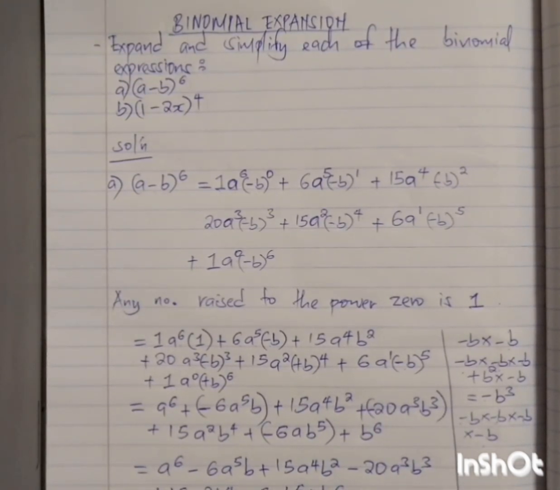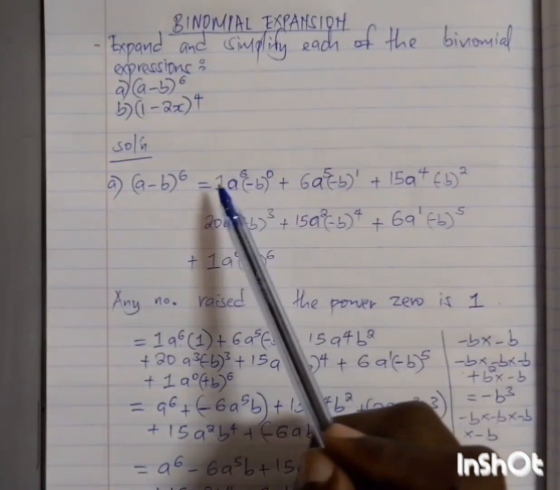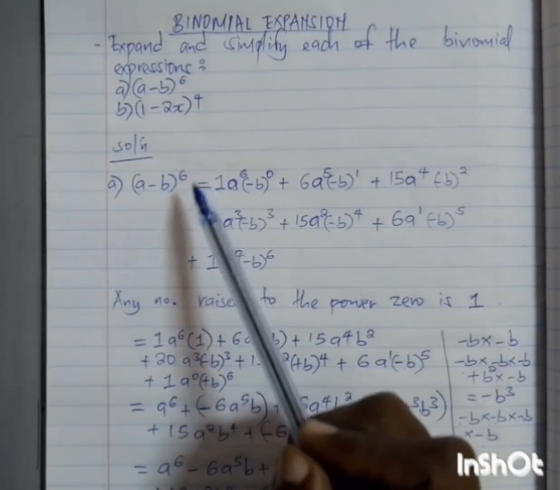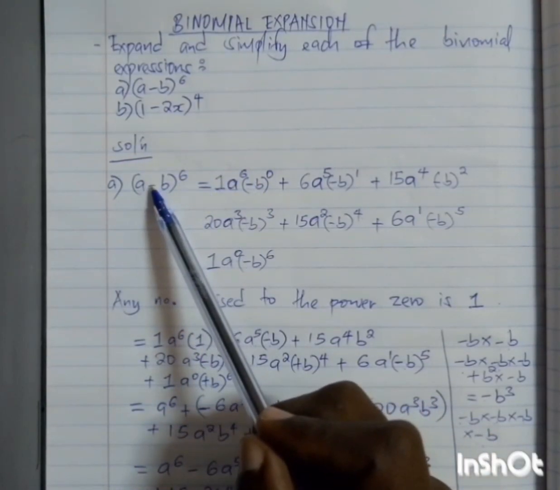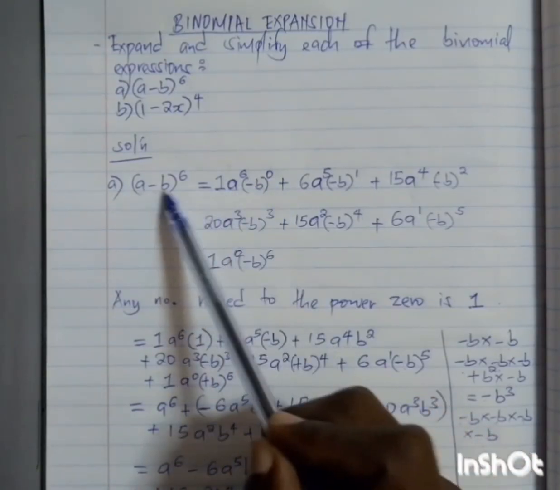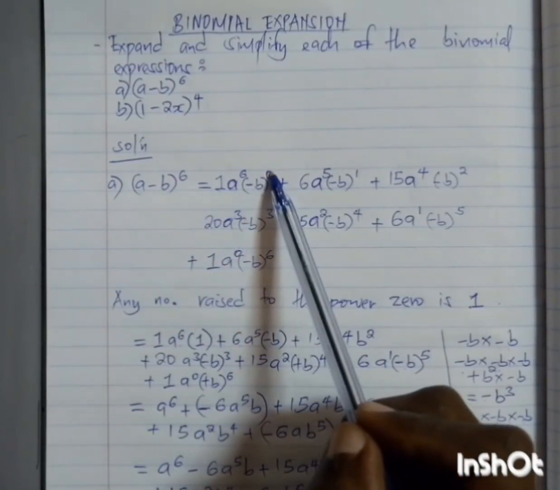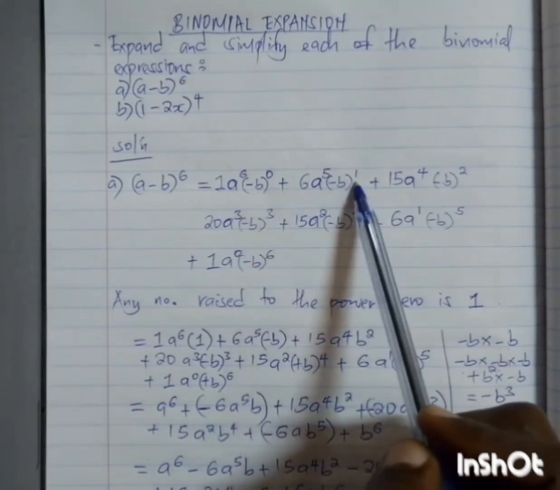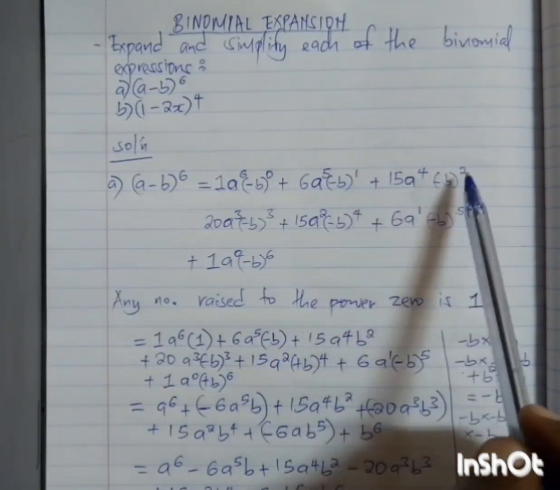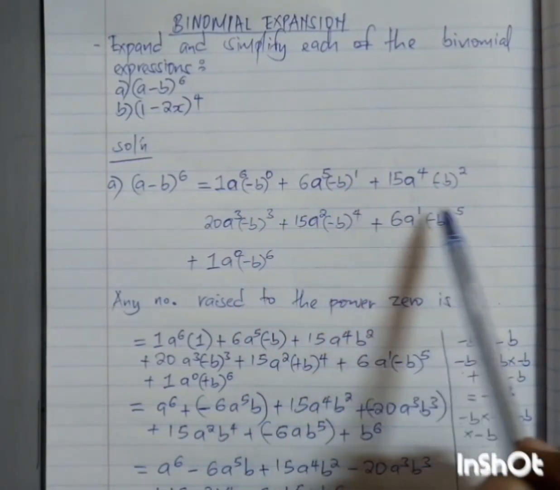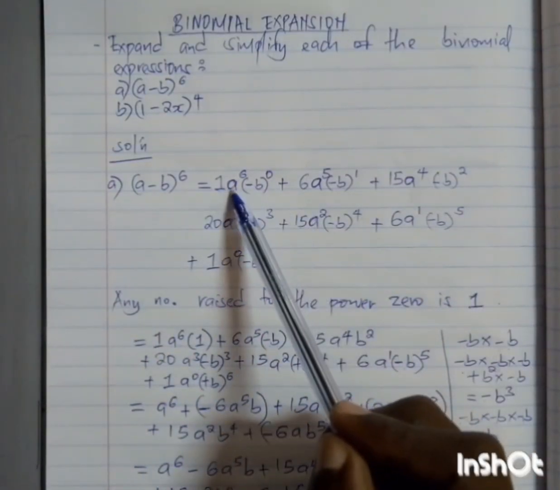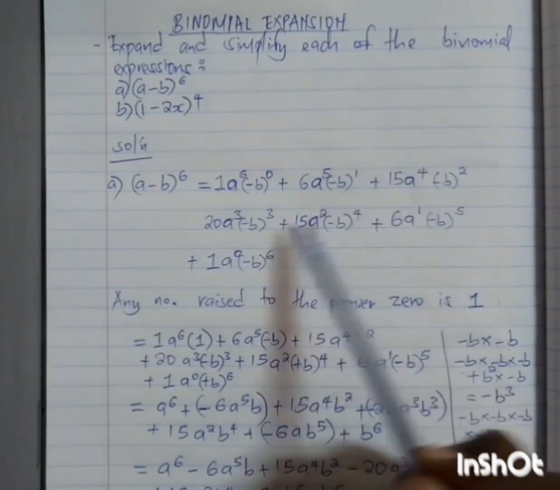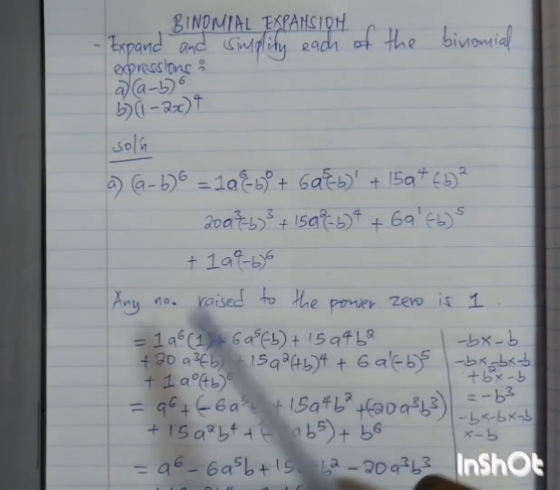So you need to understand that the first step you take, the first term, write the power, and then the second term, which is negative b, you write the power 0. So the second term keeps increasing: 0, 1, 2, 3, 4, 5, 6, while the first term decreases: 6, 5, 4, 3, 2, 1, 0.